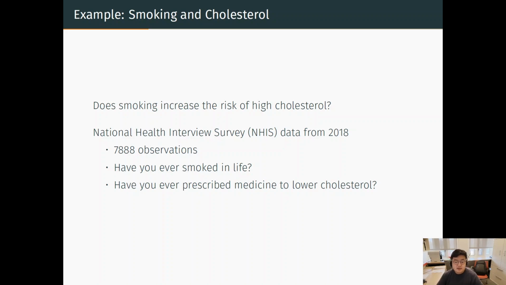The data I'm going to show you is from the National Health Interview Survey, NHIS data from 2018. This data is annual. Every year, or every other year, they publish interesting data about medical and health related questions.